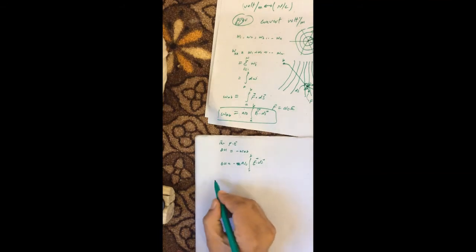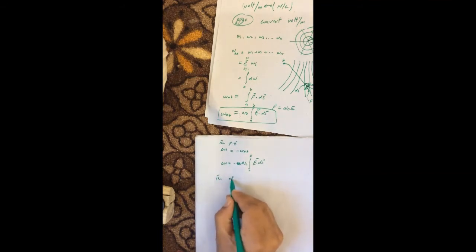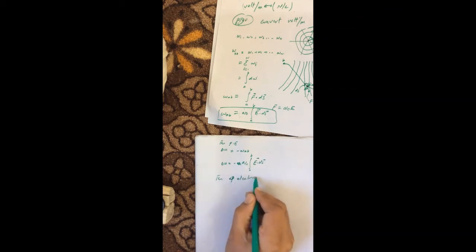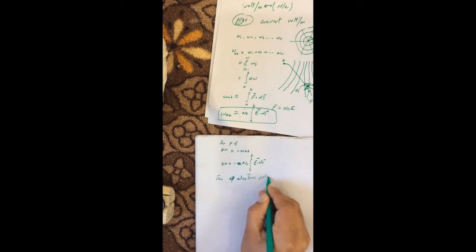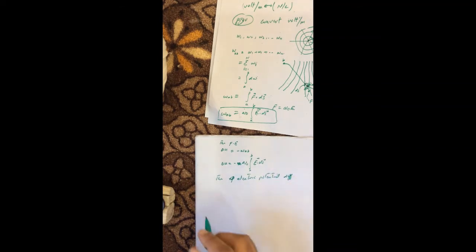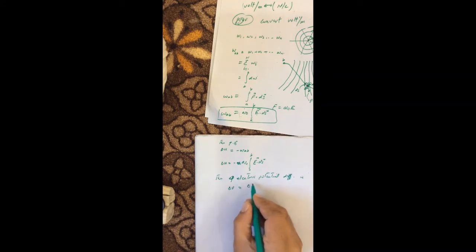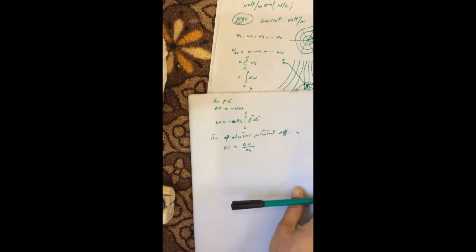And the electric potential difference is delta V, which is equal to the change in potential energy delta U divided by the charge Q naught.